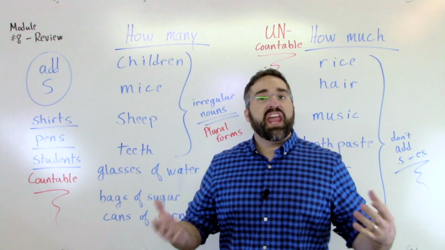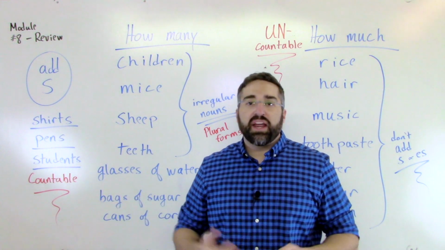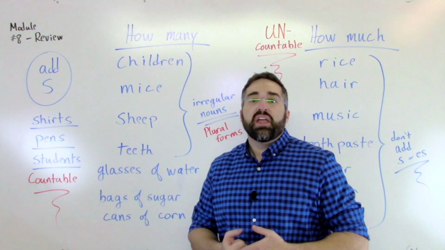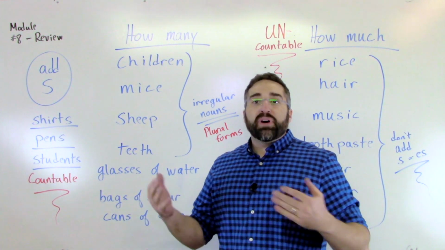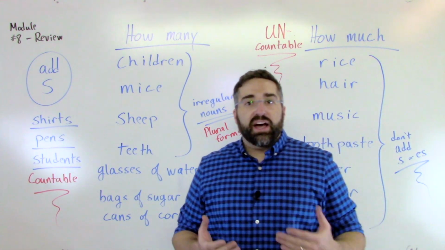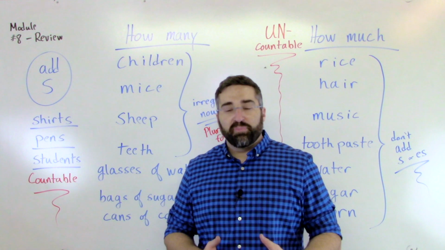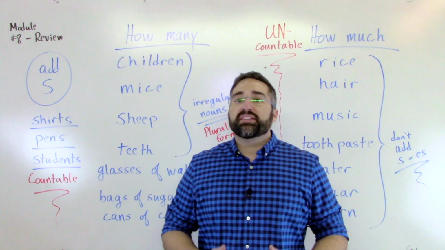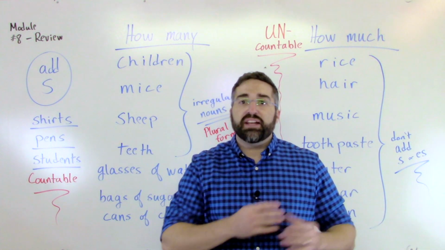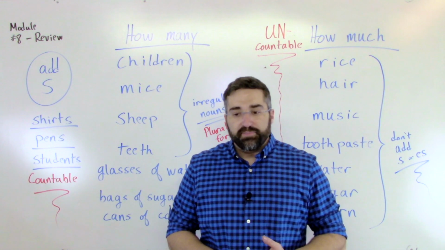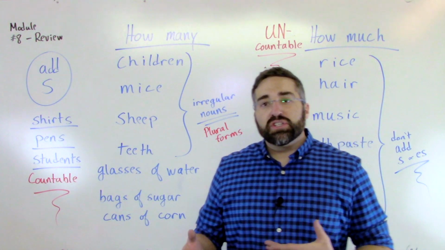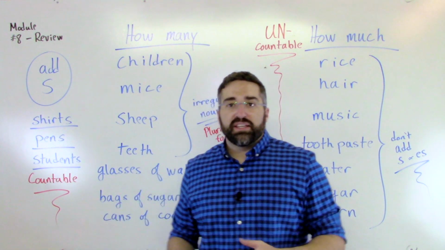You can count cans of cola, right? 1 can of cola, 2 cans of cola, and so on. But some things we cannot count. So we call those things uncountable. And when something's uncountable, we have to use a different set of words with it. So let's take a look at countable and uncountable.